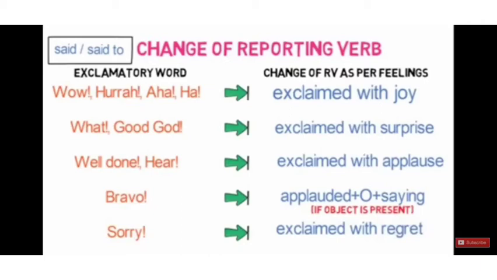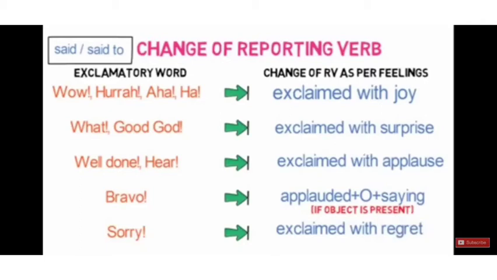If the words are what, good God, like this, the reporting verb said or said to will be converted into exclaimed with surprise. If the words are well done here, then the reporting verb said or said to will be converted into exclaimed with applause.